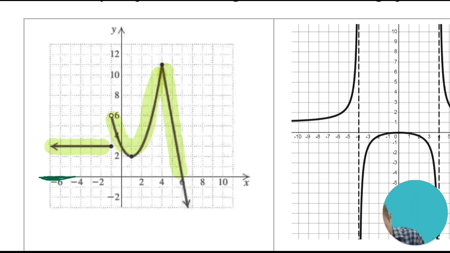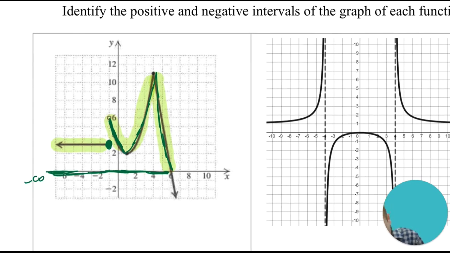So we have to specify the interval of the domain. So everything from negative infinity until you get to like -1, right? Now we can actually include -1 because of that filled in dot right there, okay? And then everything right here. So the graph is actually all continuous. So literally this whole entire interval from negative infinity to 6 is where the function is going to be positive, right? So that's a positive interval of the graph.